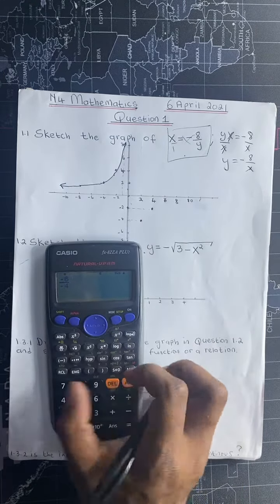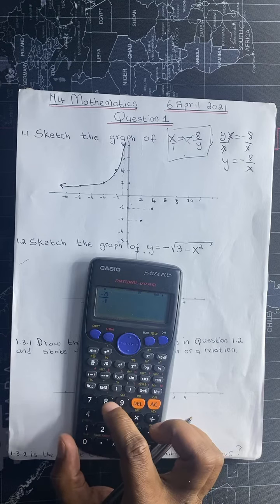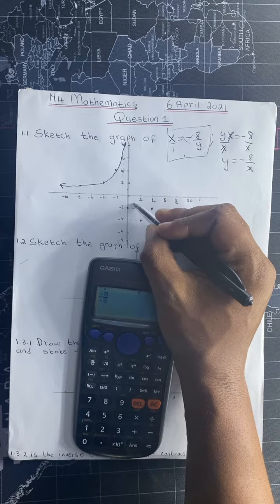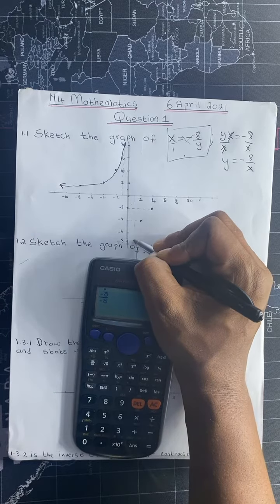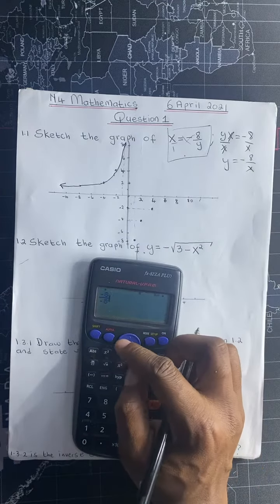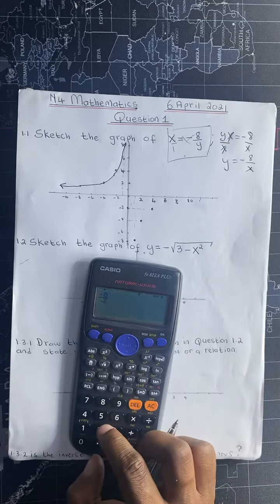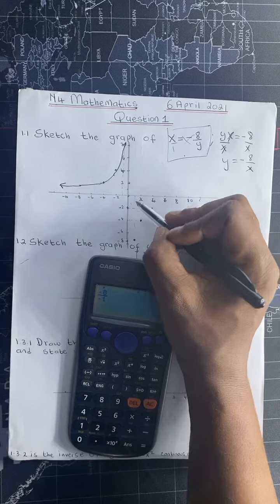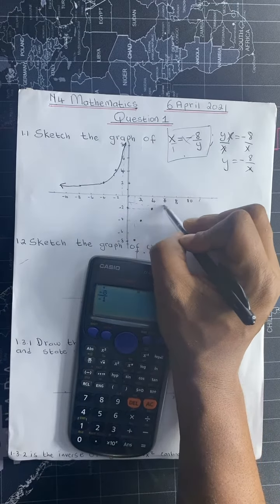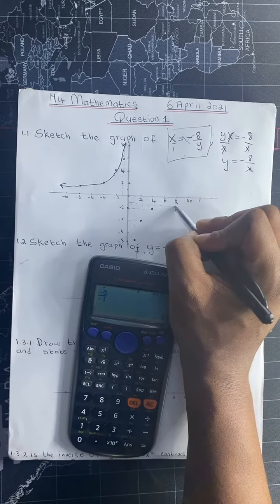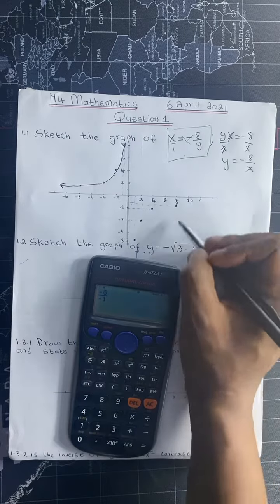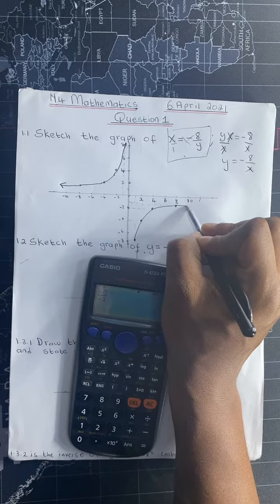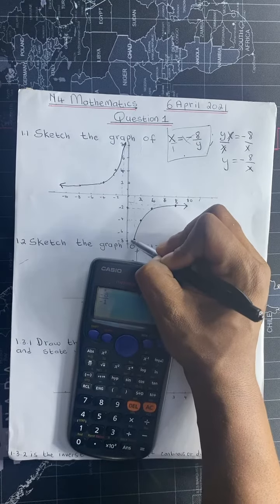When y is equal to negative 8, this whole thing will be negative 1. So let's say that y is equal to negative 1. When y is equal to negative 1, then x will be equal to 8. So our graph is going to take that form.